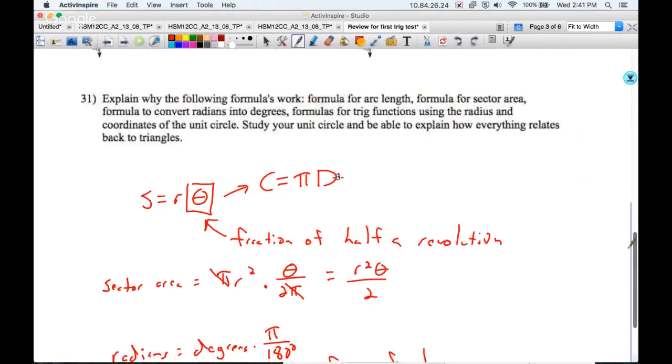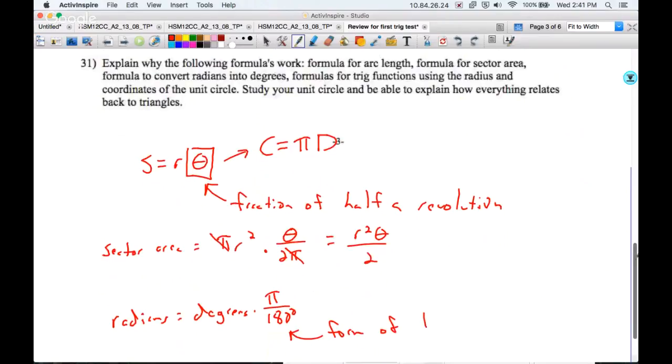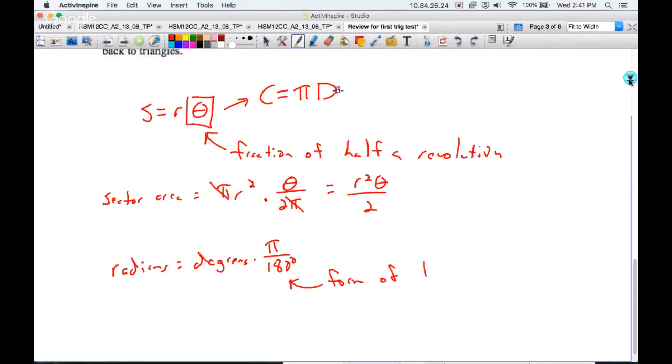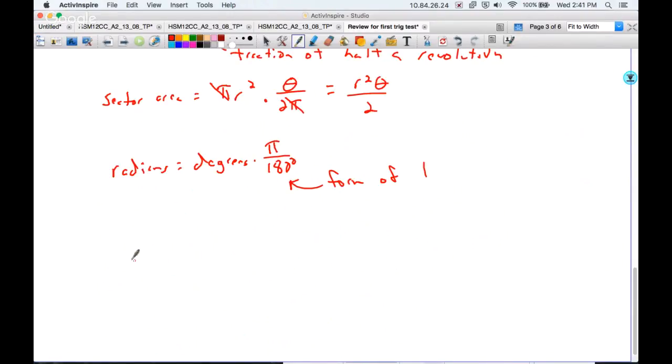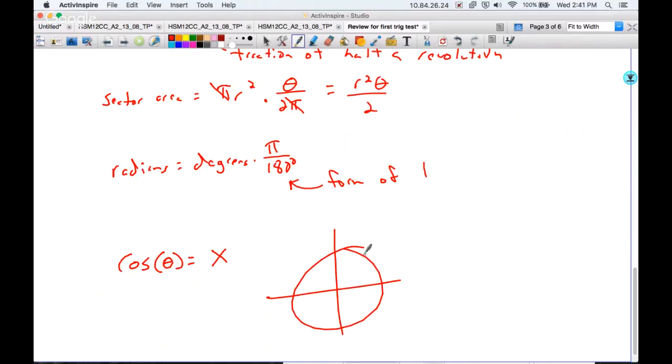The formula for trig functions using the radius and the coordinates of the unit circle. So for that, I taught you that cosine of theta is equal to x. Well, the reason this works is because if we look at a coordinate x comma y on our unit circle, x is going to be equal to the adjacent, and the hypotenuse of the unit circle is always 1.